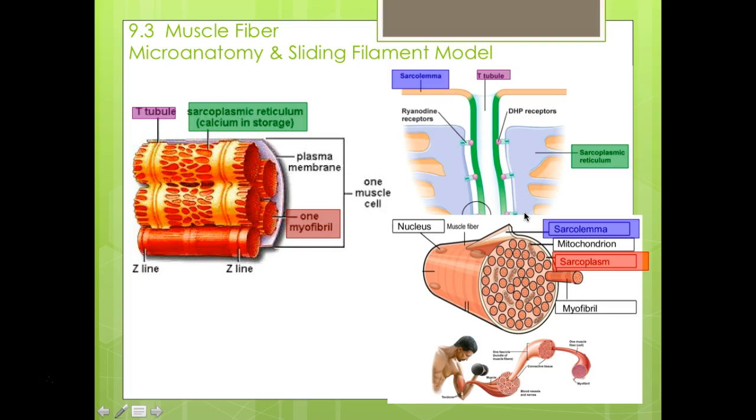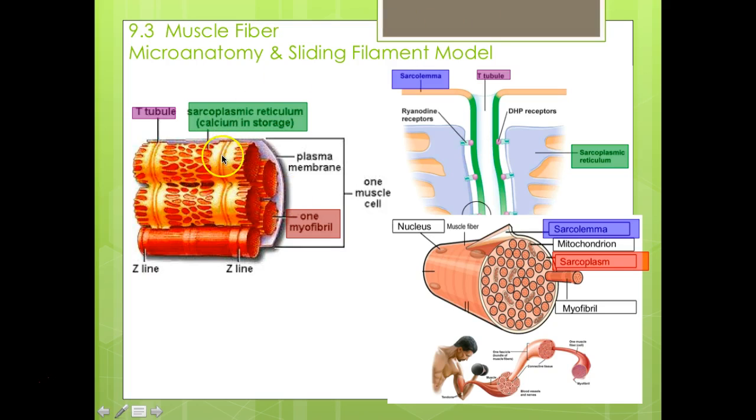And our T-tubules are protruding down from the sarcolemma, and that's kind of how they're forming a T. They are going to go down to our myofibril to a specific area called the A and I band junction. We're going to talk about that in the next slide.